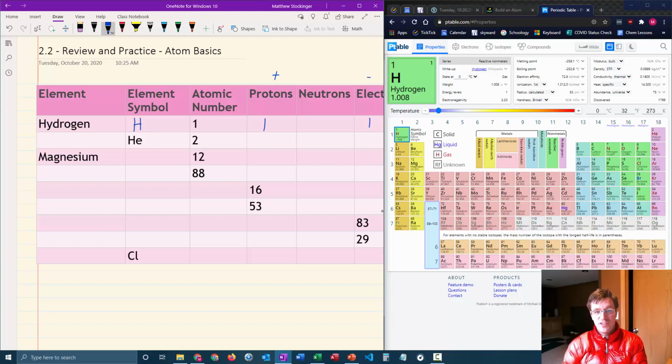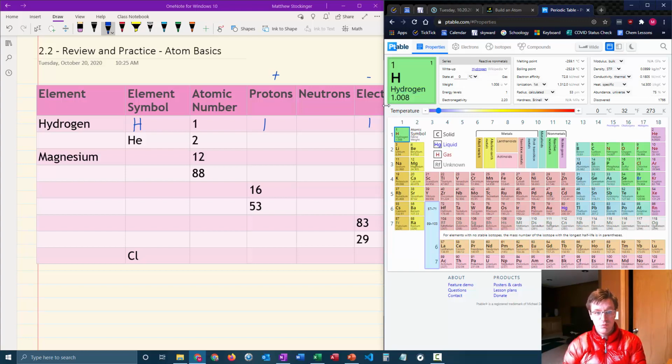How many neutrons does an atom of hydrogen have? Well, here's where we get into something that I didn't cover in the last video, which is, let's look at this mass and just round it off. So down here on the periodic table, this is the mass of hydrogen. And the mass of hydrogen is 1.008 AMUs. That's an average. We're going to round that down to 1.